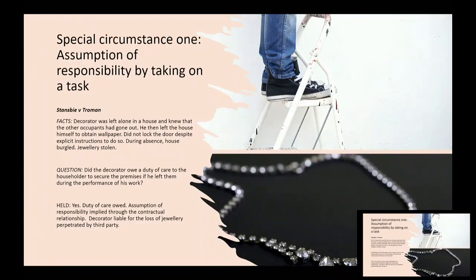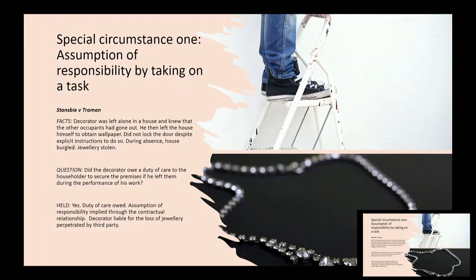The reason for imposing the duty was to guard against the very thing that happened, which is that if you leave a house unlocked, thieves might enter and steal things. Okay, so that's the first special circumstance when liability will be imposed for an omission, and that is when the defendant has assumed responsibility to do a task for the benefit of the claimant.